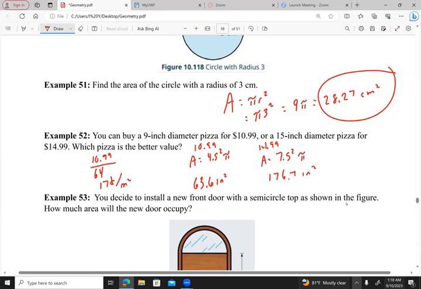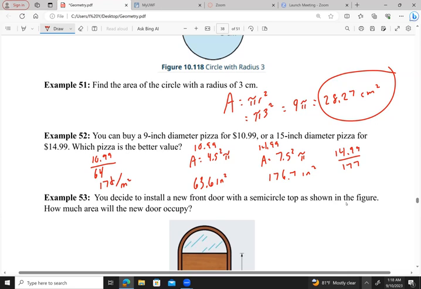Okay, here we have 14.99, and we'll just round this to 177. 14.99 divided by 177, roughly 8 cents.